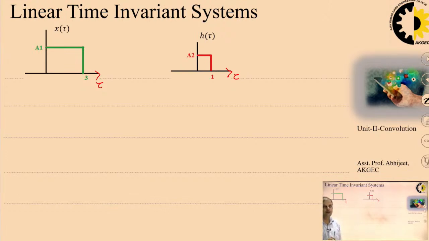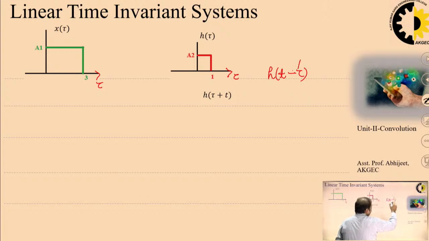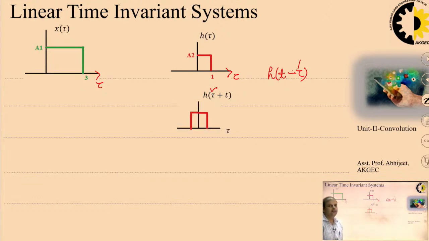Remember, the variable of integration is tau, so we'll work accordingly. So firstly, if I have to evaluate h of t minus tau, I will first evaluate h of tau plus t, and the independent variable of the signal will be tau.